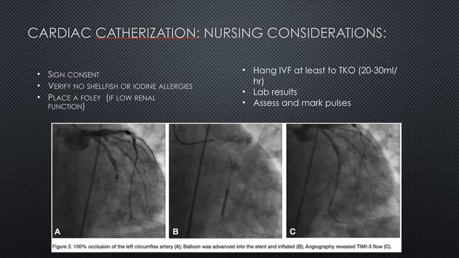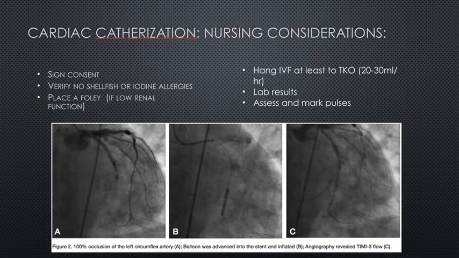People have to be NPO for about 6 to 8 hours for solid foods, 4 hours for liquids before they can go to the cardiac cath lab. We will need to get a height and weight on our patients because we use this to calculate how much dye they can have. We're going to get baseline vital signs and assess and mark peripheral pulses.